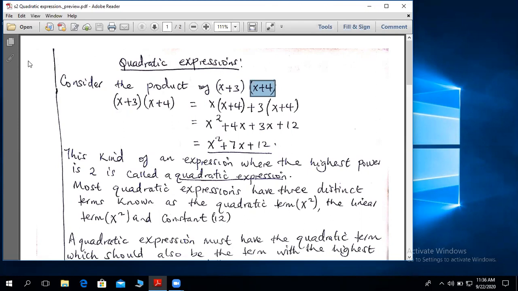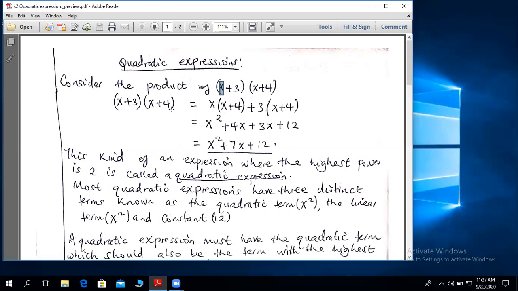If you remember how we expanded this, it is the same as taking this x and multiplying it by the whole of this bracket, then adding 3 and again multiplying it by the whole of that bracket. So this gives us x into x plus 4, then plus 3 into x plus 4.